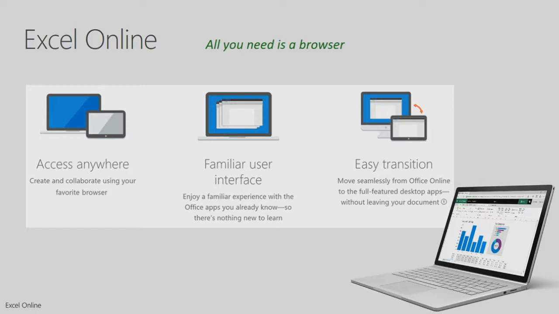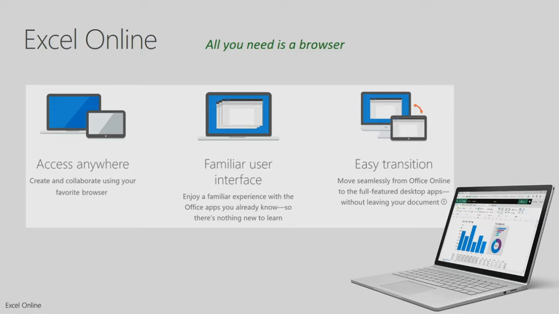And the best thing about it is that the only thing you really need is a browser to work with it. You don't need to have Excel Desktop installed. You don't need any other tools other than Office 365 in order to work with Excel documents. If you do want to do heavy authorship, switch to Excel Desktop.